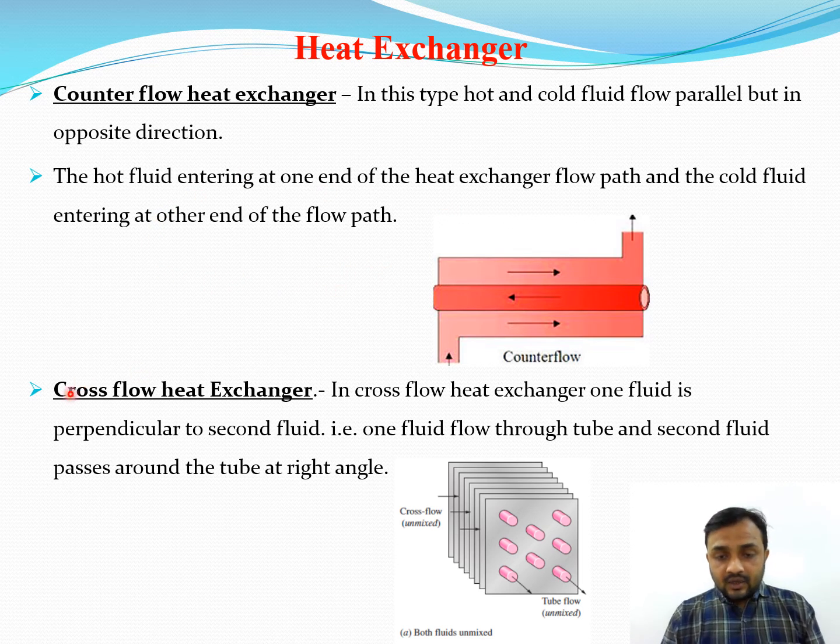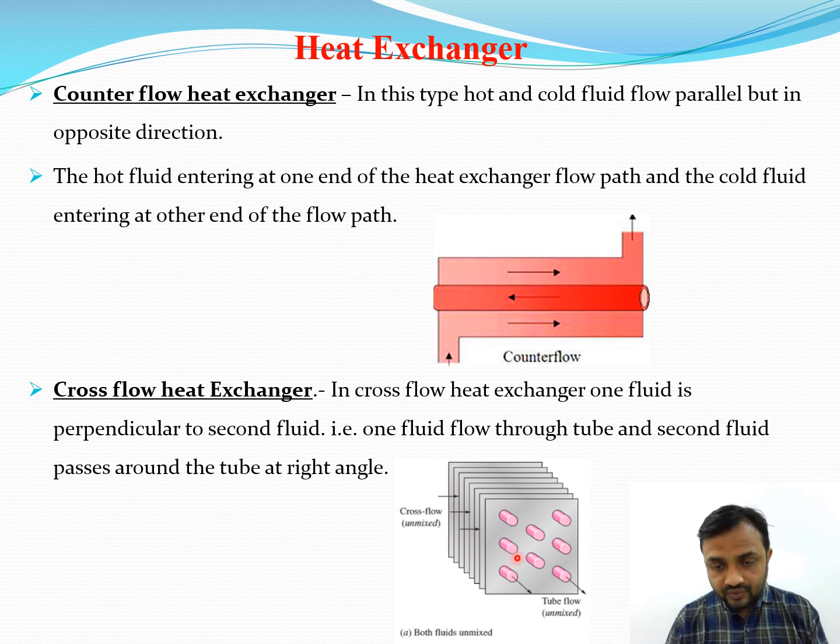Okay, last one is your cross flow heat exchanger. What is a cross flow heat exchanger? In a cross flow heat exchanger, one fluid flows perpendicular to the second fluid. Here is your cross flow. In this tube, hot fluid is flowing, and here cold fluid is flowing. In a cross flow heat exchanger, one fluid flows through the tubes and the second fluid passes around the tubes at right angles.